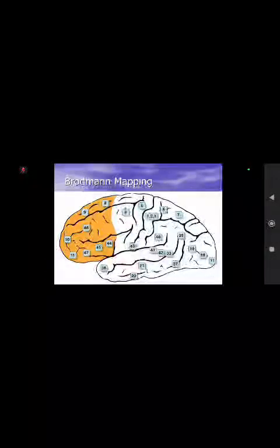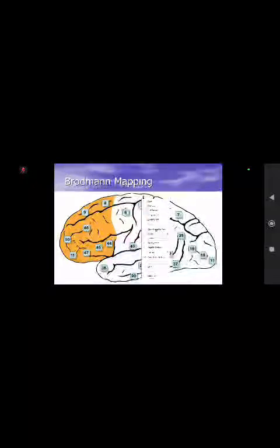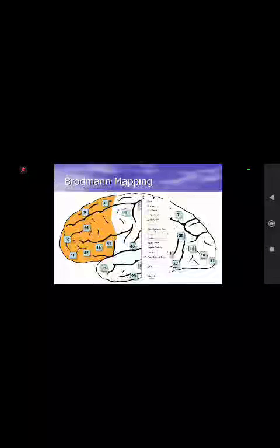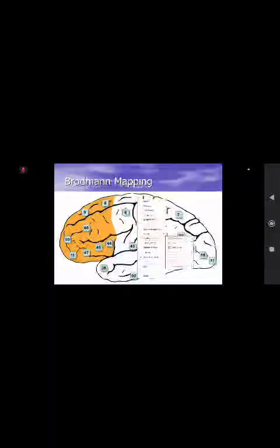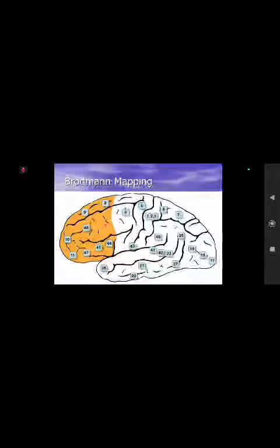And in that Brodmann mapping, broadly you can see a lot of numbers here. Of importance is the central sulcus, which we talked about yesterday or the day before. The central sulcus divides the brain into this part here, which is the sensory part, and this part, which is motor.